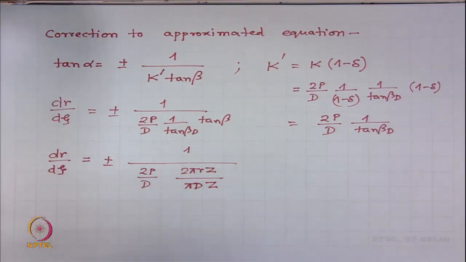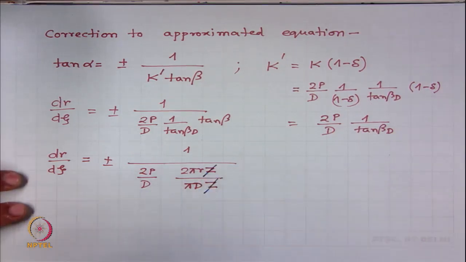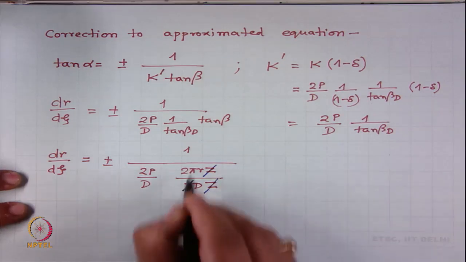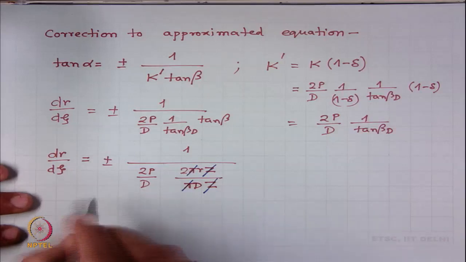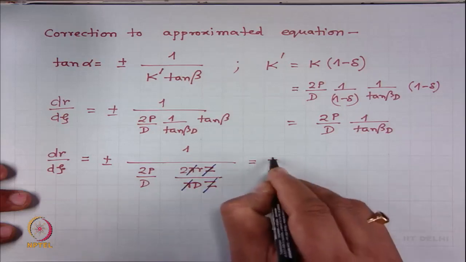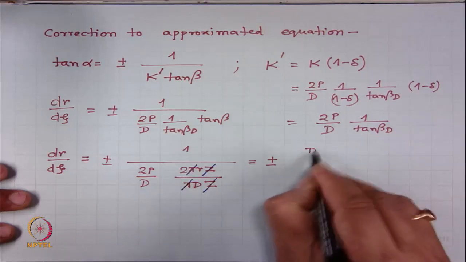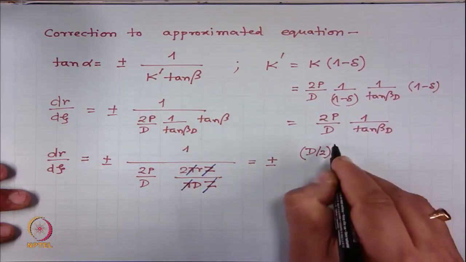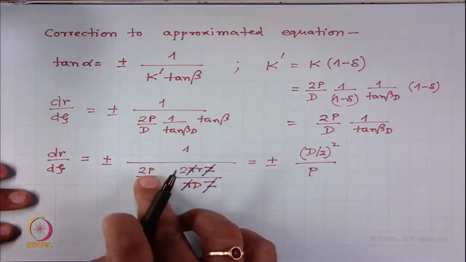So, now the z cancel out, pi cancel out. So, what we see is plus minus this d square will be in the numerator. So, d by 2 d square by 4, this p will be in the denominator, that is all.